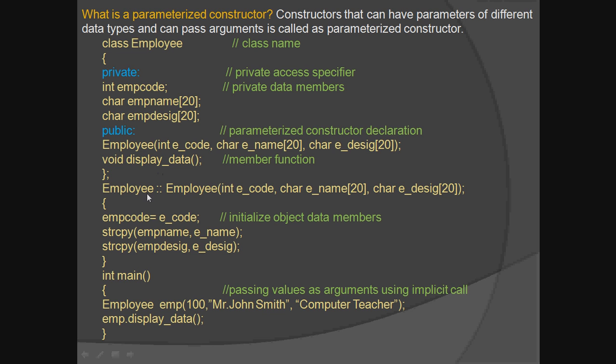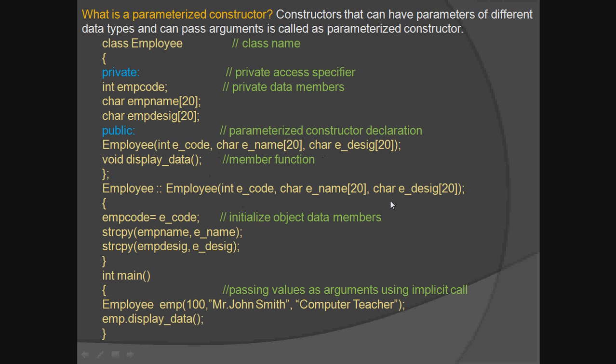As you can see here, this is the class name, this is the constructor name, this is the constructor, and in the parenthesis you can see it is the same parameters, based on the order: integer, character.